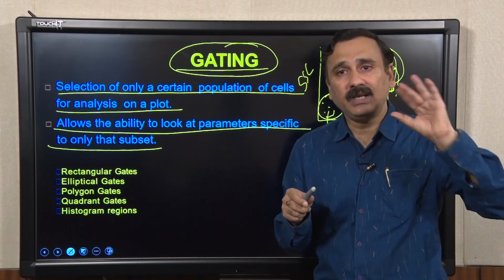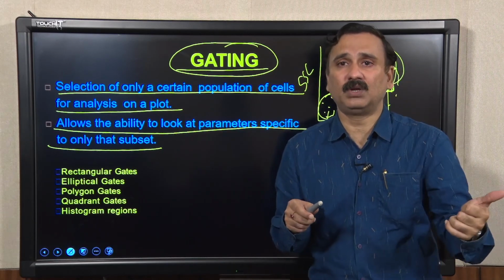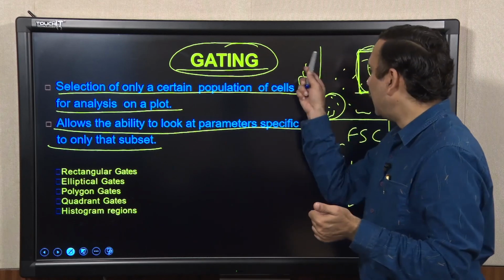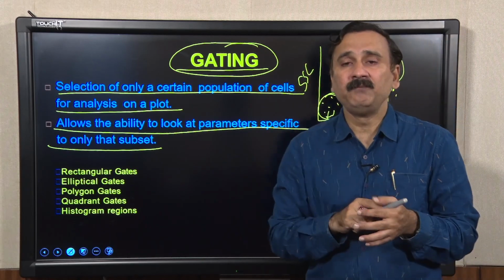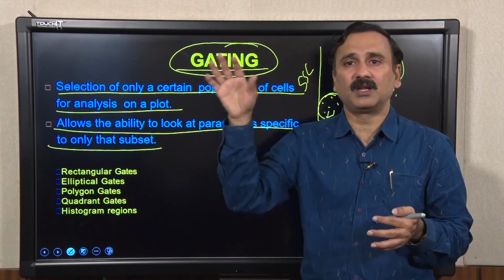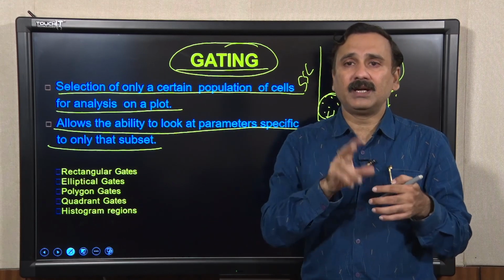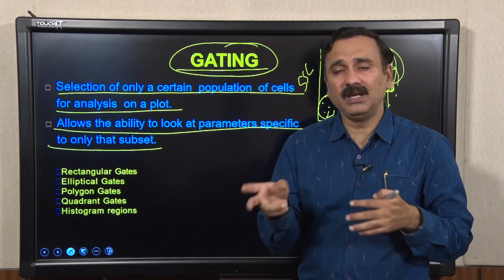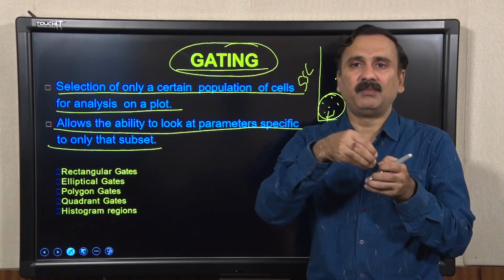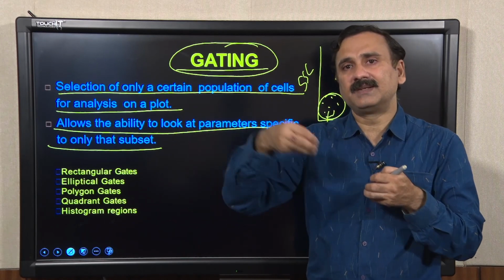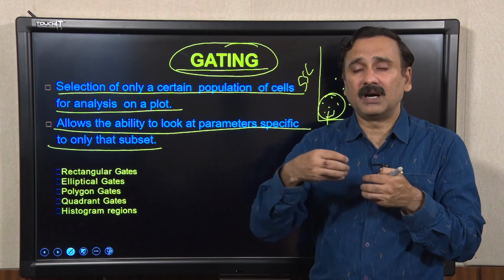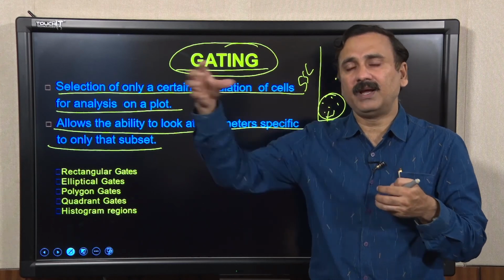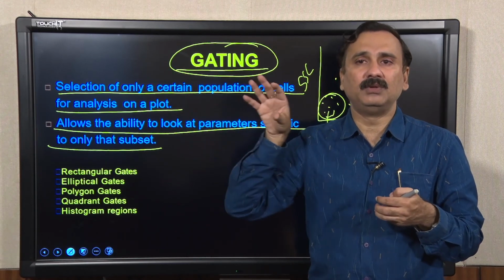If I want to select the monocytes, I have two choices. Either I go with SSC versus FSC, where I know the region corresponding to the monocytes, or I can use cell-specific markers and stain the samples with that particular marker to identify the region corresponding to the monocytes.